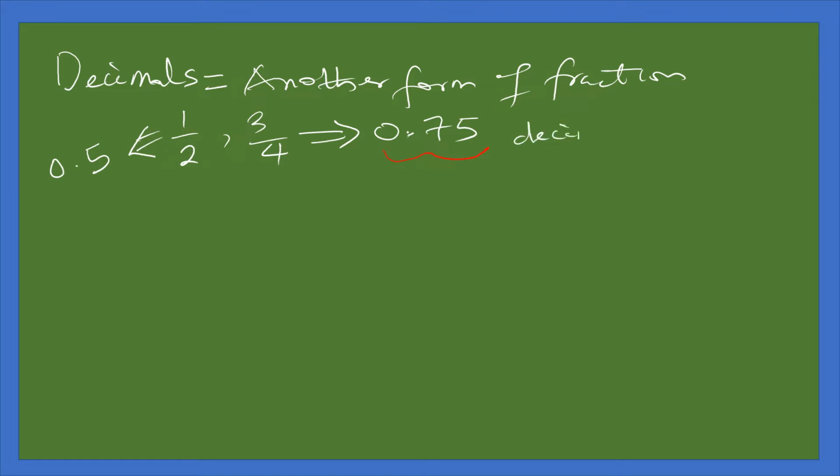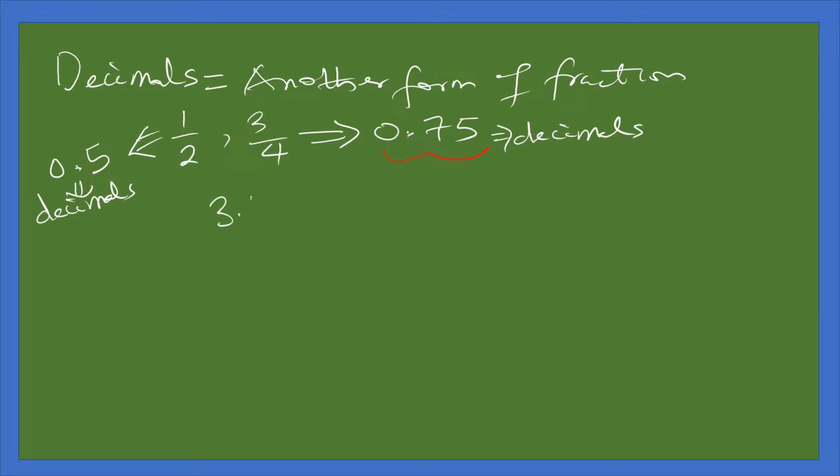It means they are written in decimals. Okay? This 0.5 is also in decimals. That is why we said fraction is another form of decimals, or decimals is another form of fraction.